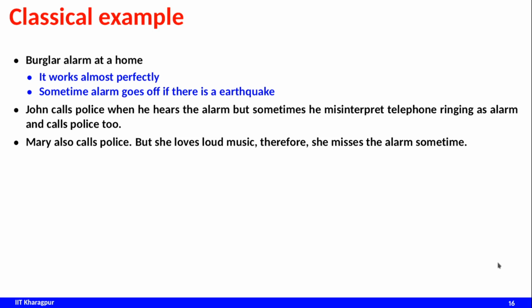So let us continue with our reasoning in the probabilistic domain. In the earlier part we have seen how to model a system and what are the things we can do, and that step we have actually looked into in the previous part.